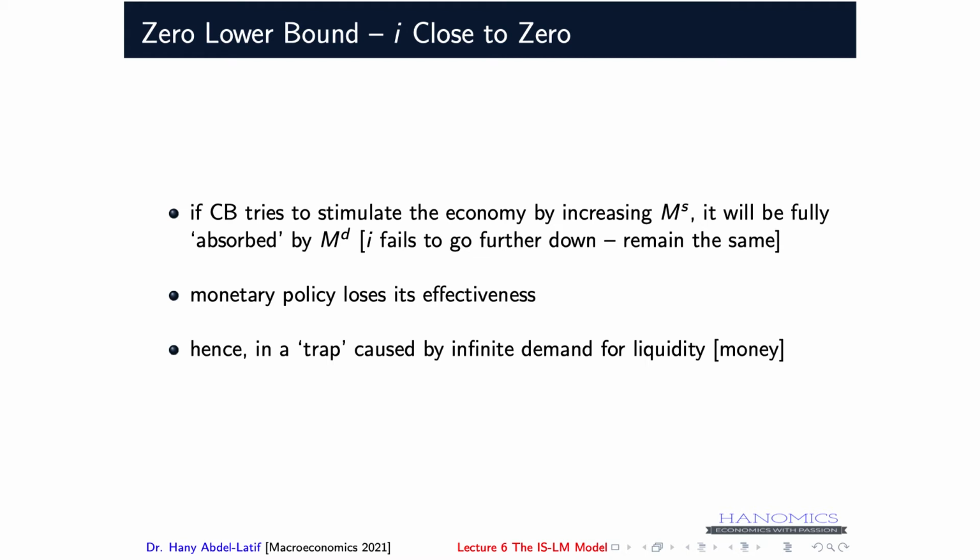Okay, so in a nutshell, the implication of this is that monetary policy would lose its effectiveness. It wouldn't be able to affect output anymore. And that is why we call this a trap caused by infinite demand for liquidity or money.